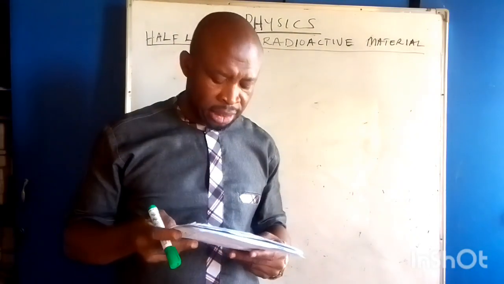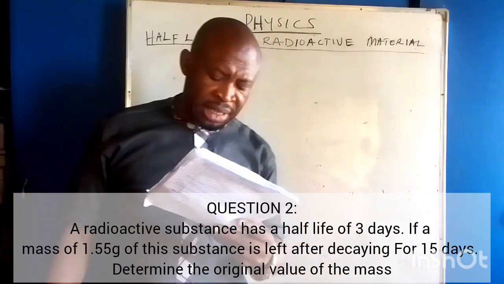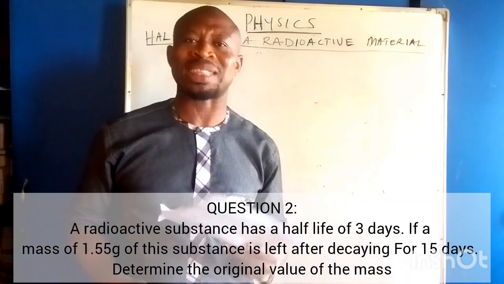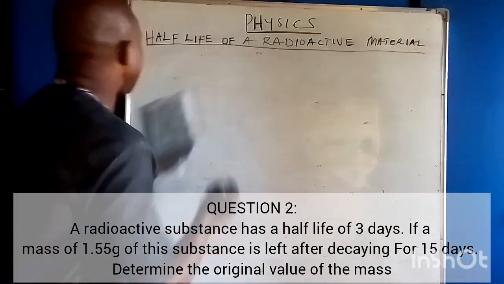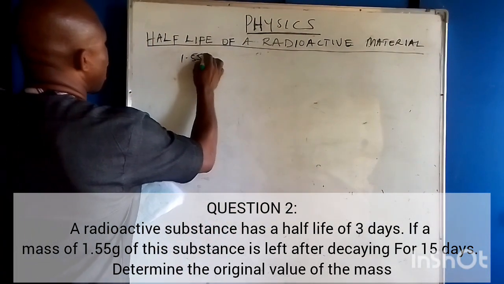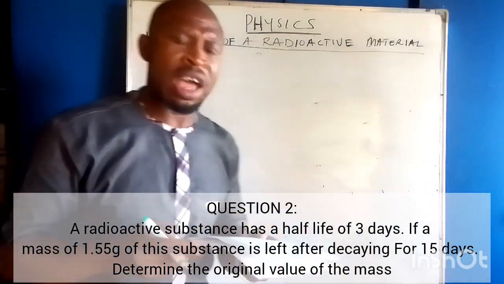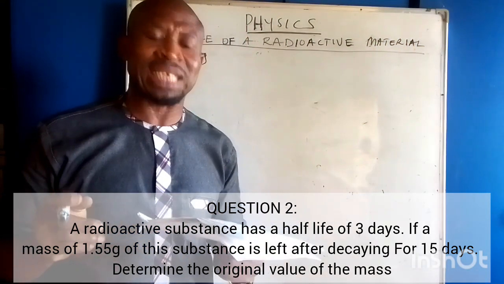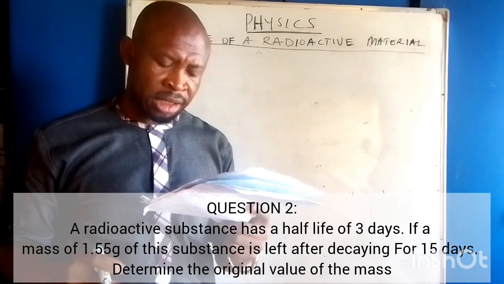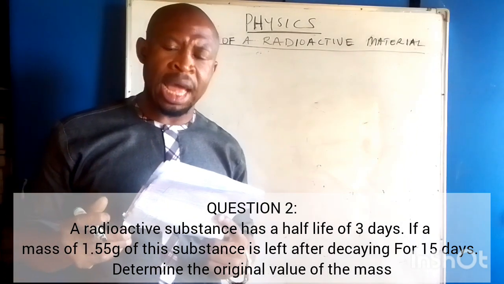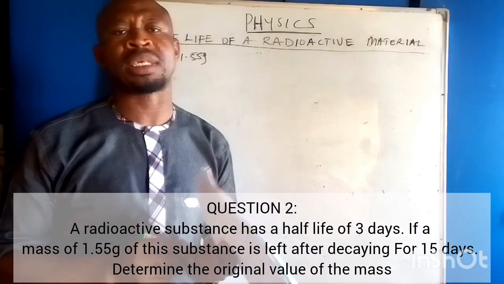This one says, a radioactive substance has a half-life of 3 days. If a mass of 1.5 grams of this substance is left after decaying for 15 days, determine the original value of the mass.